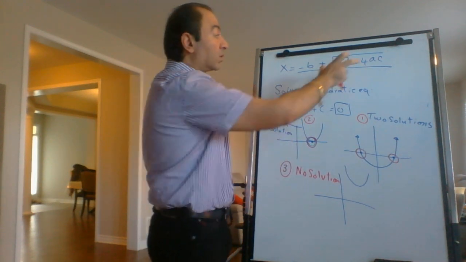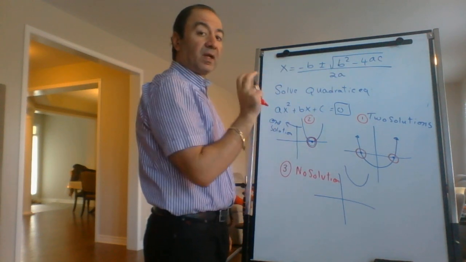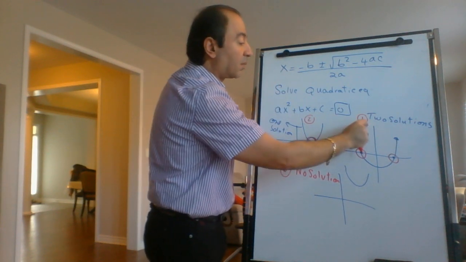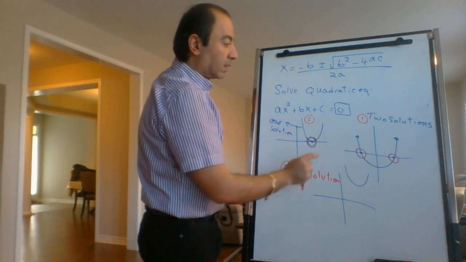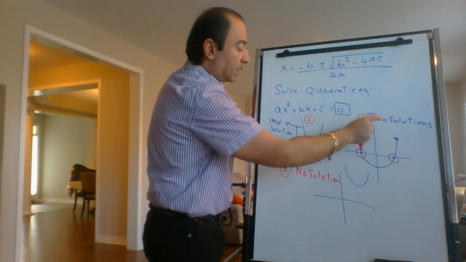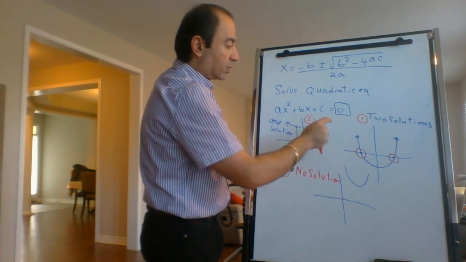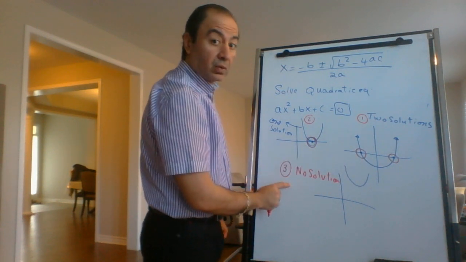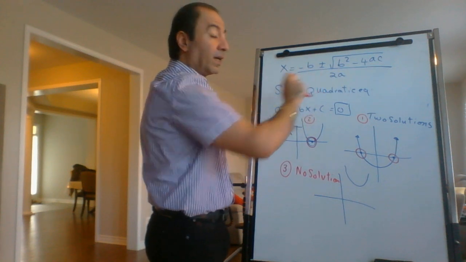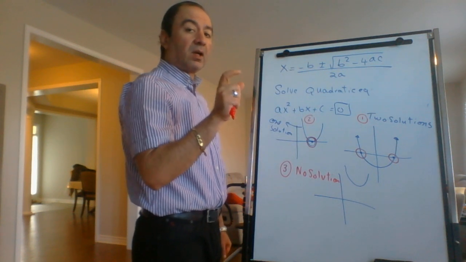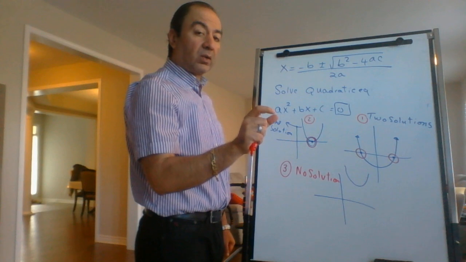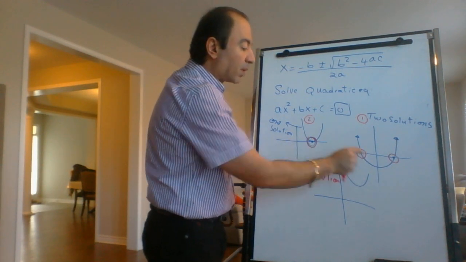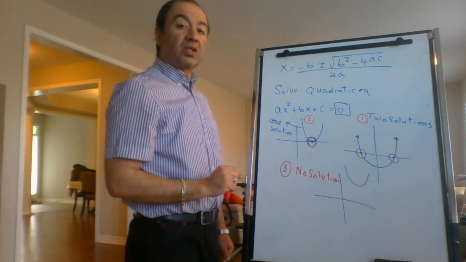But there is a part of this equation, if I use it, I can tell not the values, I can tell the number of solutions, whether it has 2 solutions or 1 solution or no solution. That part will not tell me the value of the solution, what is x here and what's x here, but it will tell me the number of solutions. Which part is this?